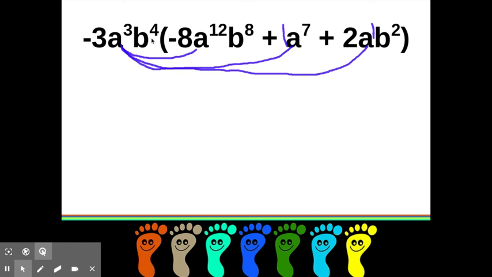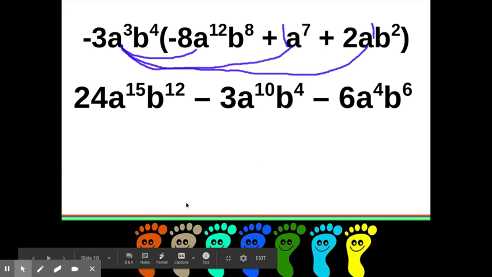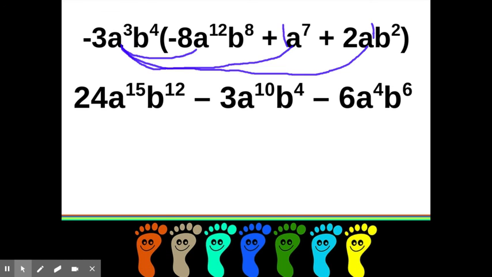So all my a's will add their exponents and b's will add their exponents as well. Once you've done that multiplication, you should get an answer of this trinomial. I know it seems a bit busy, but this is our simplified answer. There's nothing else we can simplify.